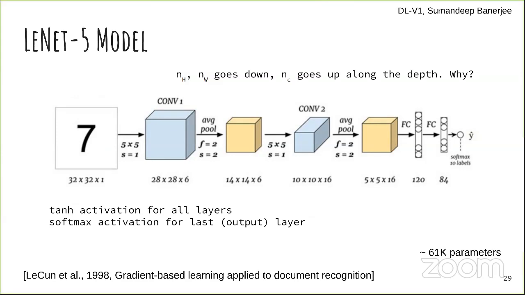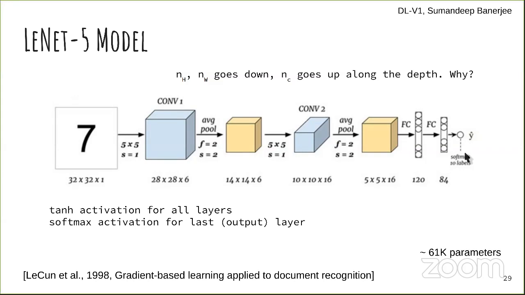There is a question from my side: as we see, when we slowly apply different layers of filters, the NH and NW after each layer go down and NC goes up, right? And I will answer that.